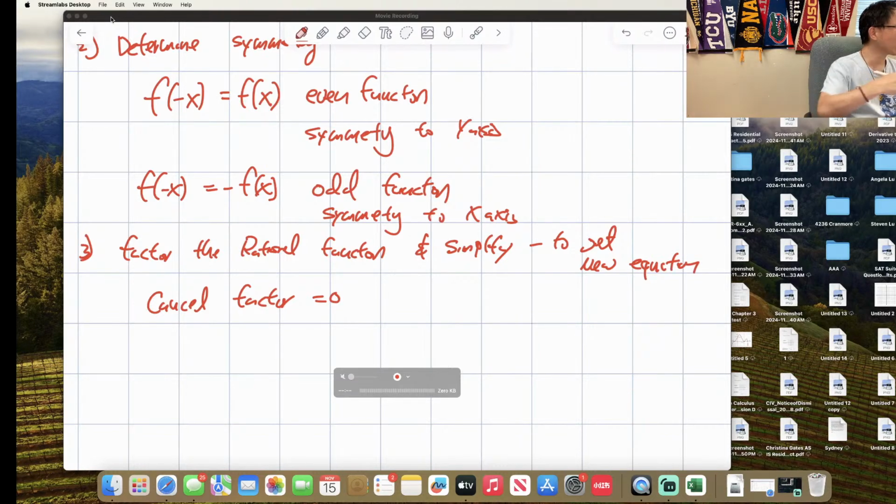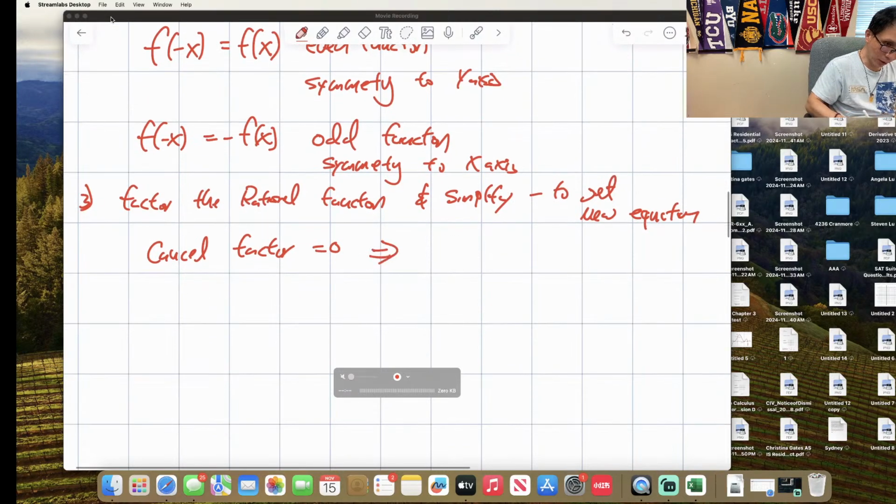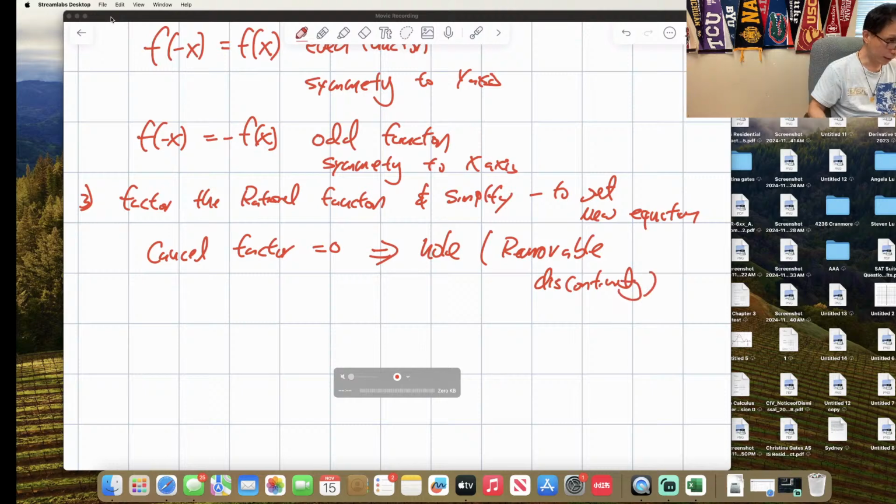We simplified that x minus 2, we cross it out, and we set that x equal to 2 and it becomes the hole, right? So a canceled factor is the hole, also known in math as a removable discontinuity.